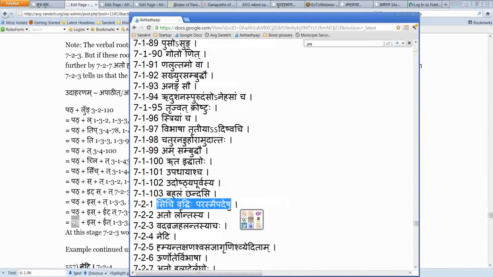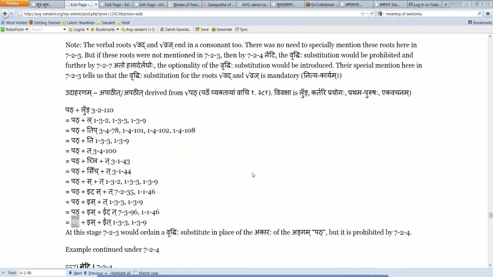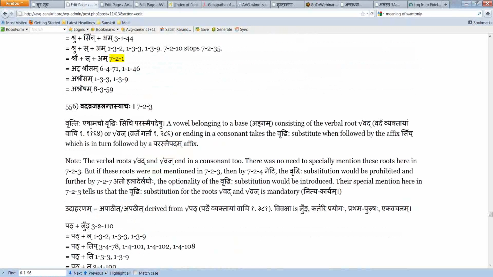But there comes the sutram, Vada Vraja Halantasyachaha. What does this sutram say? Again, the anuvritti is coming of Sichi Vriddif Parasya Padeshu. Esham Achaha Vriddis Sichi Parasya Padeshu.